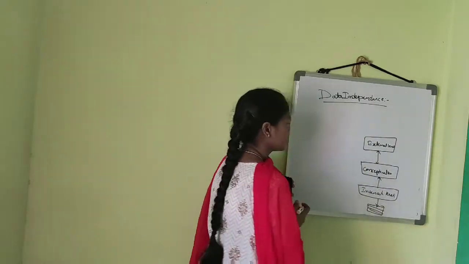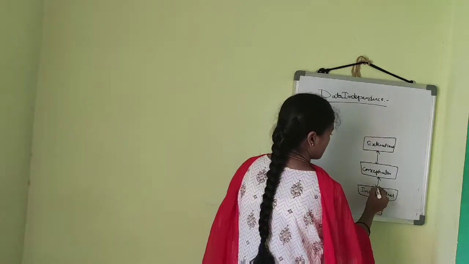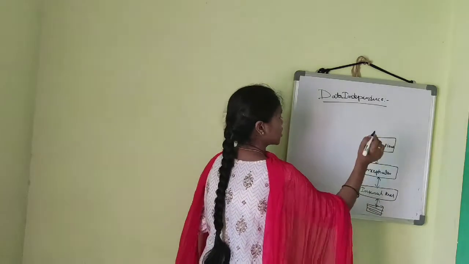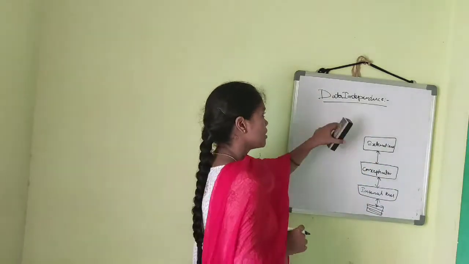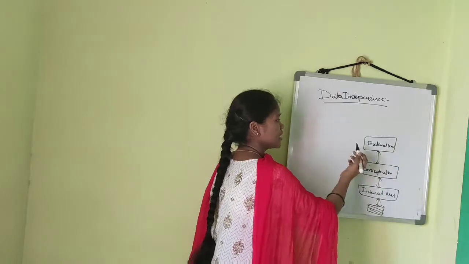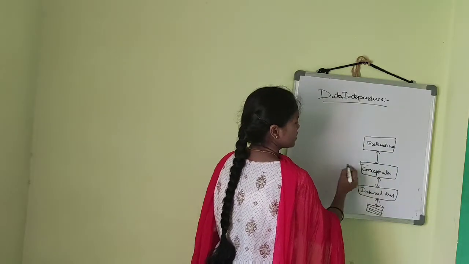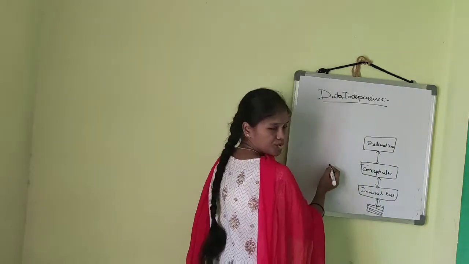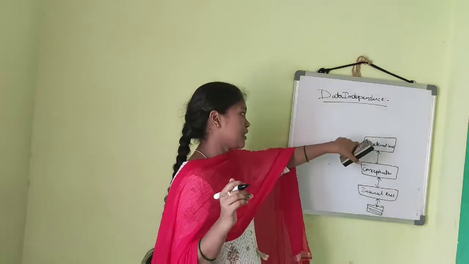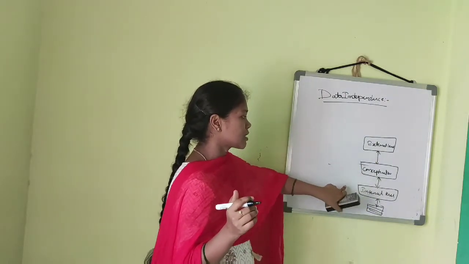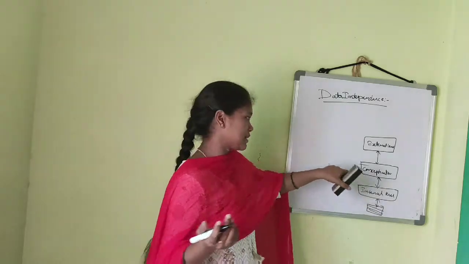This is actually the 3 schema architecture. In this, if there is any change in a particular schema, you can also call it the conceptual schema. You already learned about the external schema, the conceptual schema, and the internal schema.